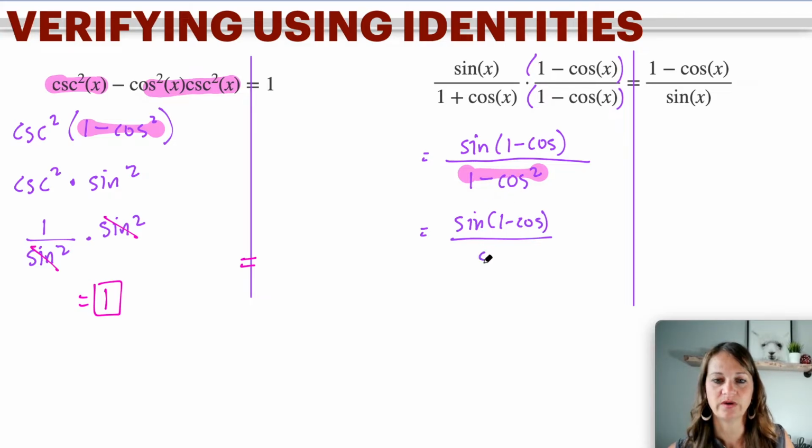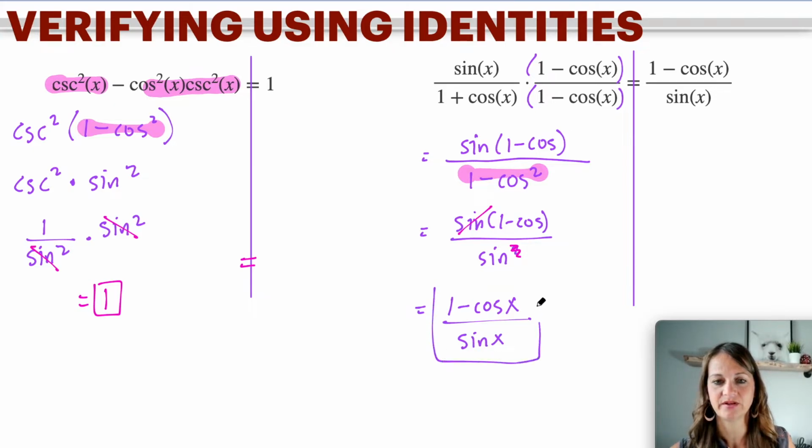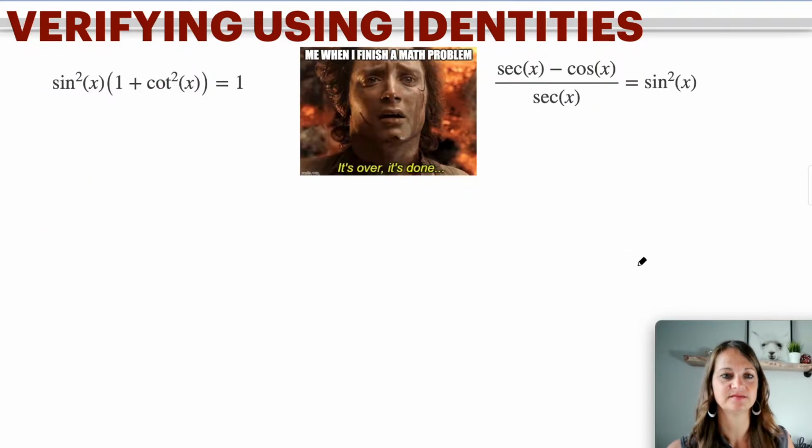One minus cosine squared is sine squared. And this sine cancels out one of these sines, leaving me 1 minus cosine on top and a sine on bottom, which is verified to the other side.